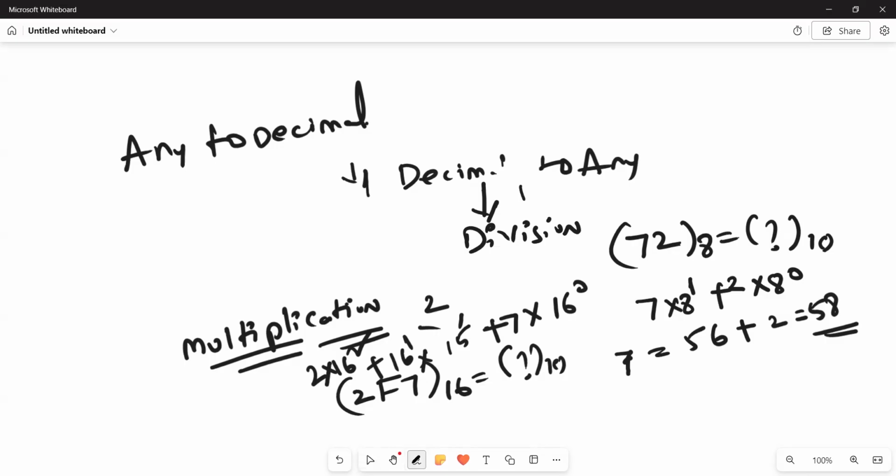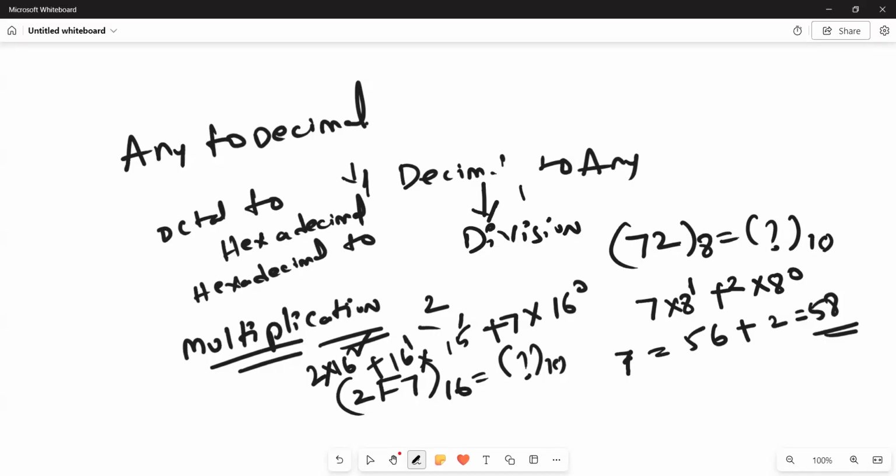And one more I am missing, that is octal to hexadecimal and hexadecimal to octal. This is simple. If you want to convert octal to hexadecimal, I'll tell you the best procedure.